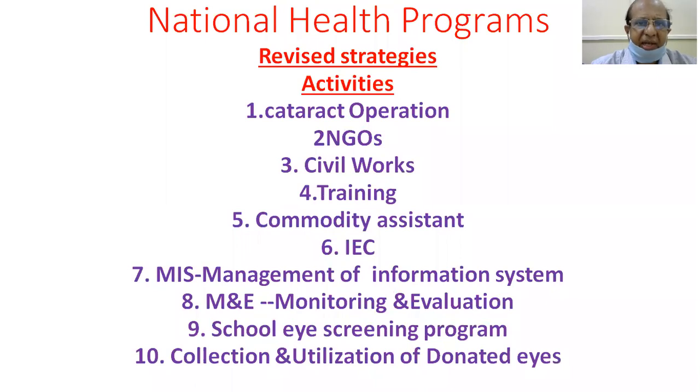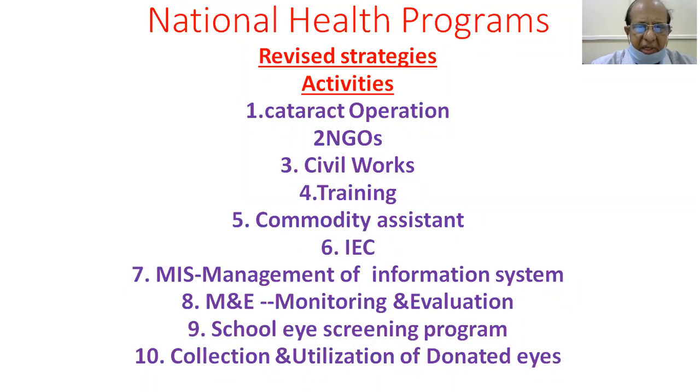Revised strategies and activities. There are cataract operations along with NGOs, civil works that are intersectoral, and training of manpower and staff, community assistant classes, and also prescriptions and charts should be arranged.